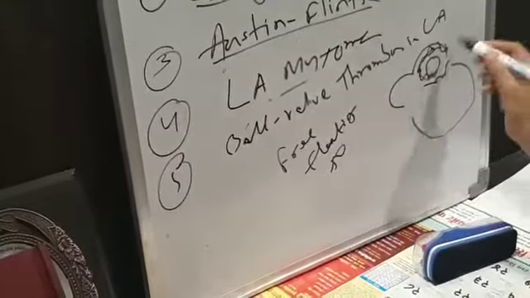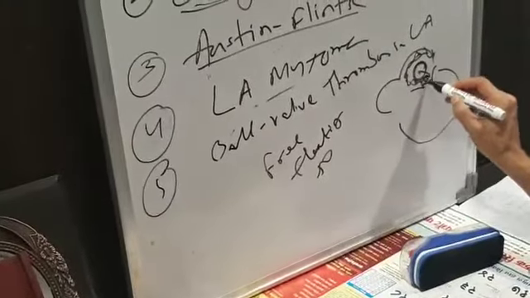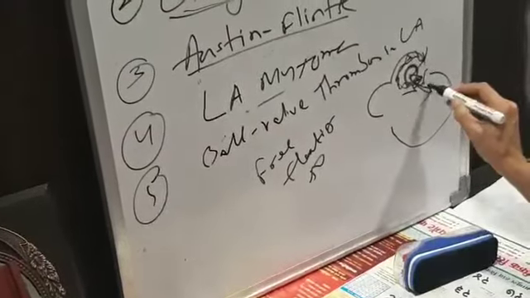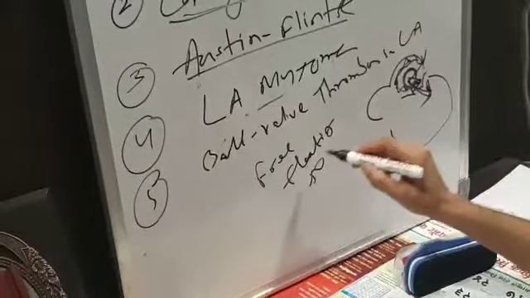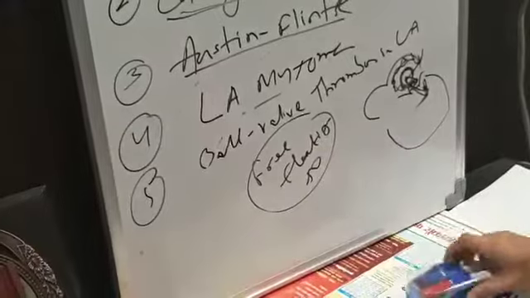So there are situations where this thrombus comes and lodges itself on the mitral valve, creating the same problem during diastole. You are hearing a murmur. You can get a mid or late diastolic murmur at apex due to a free floating LA thrombus. So another cause is ball valve thrombus.